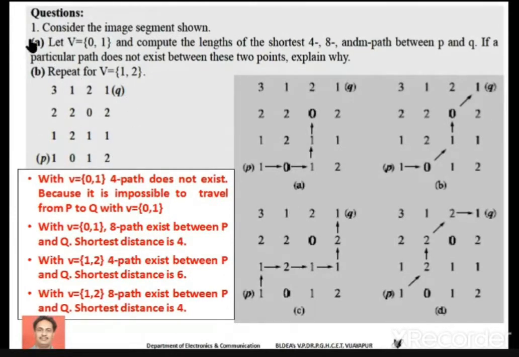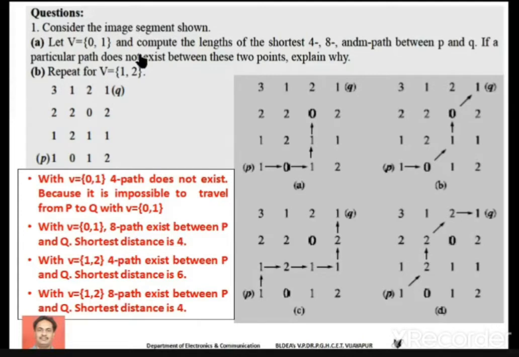He says in bit A of the problem, let V equal to {0, 1} and compute the length of the shortest 4, 8 and m path between the pixels P and Q. In the matrix he has shown this pixel as P and this pixel as Q, right?